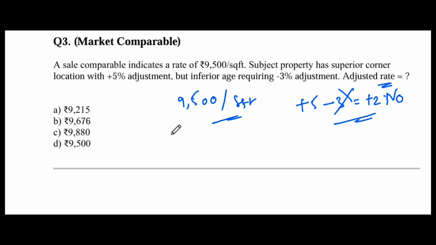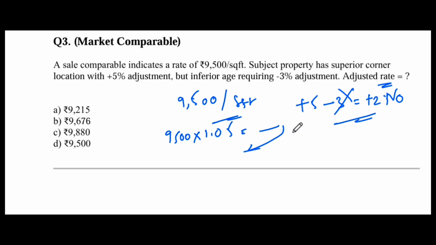So the first one is the 5% adjustment. Our property is superior, so we multiply 9,500 with 1.05. Again, this should be multiplied with the inferior value. Don't just club the adjustments and get the answer, it will be wrong.